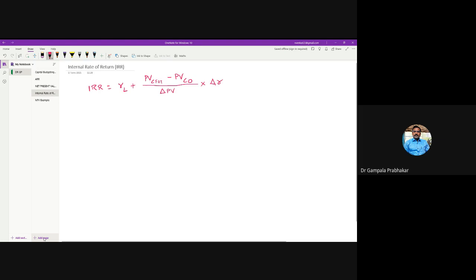So this is the formula we generally use to calculate the internal rate of return.